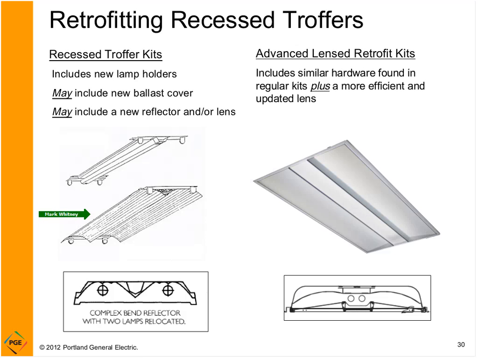Now, a way to go one step further is you can use an advanced lens retrofit kit. So besides all the hardware on the left, you're going to get a new lens that gets more light out of that fixture. Sometimes you can even go all the way down to just one lamp and still have adequate light on the work plane, especially if it was overlit to begin with.